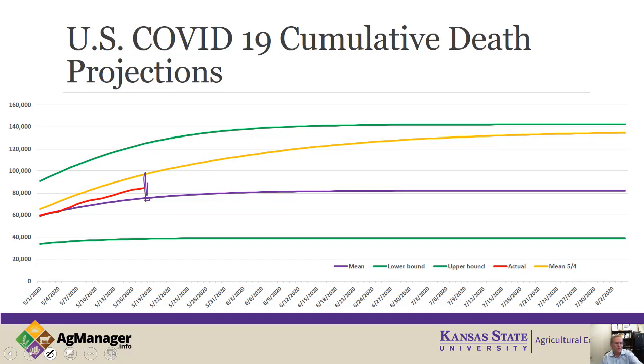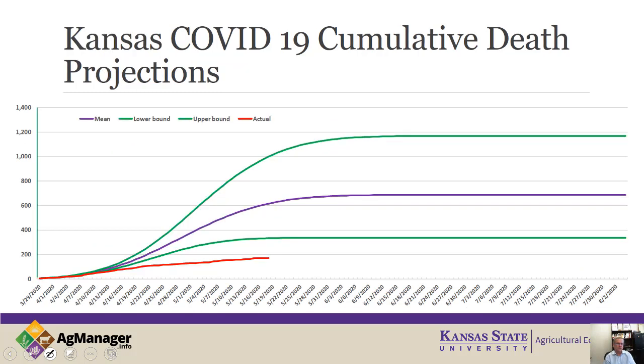In some respects, the original model under-predicted, but with the more recent model, the May 4th model release, we've been consistently under that prediction. Kansas, the entire time, has been quite a bit under the lower bound.